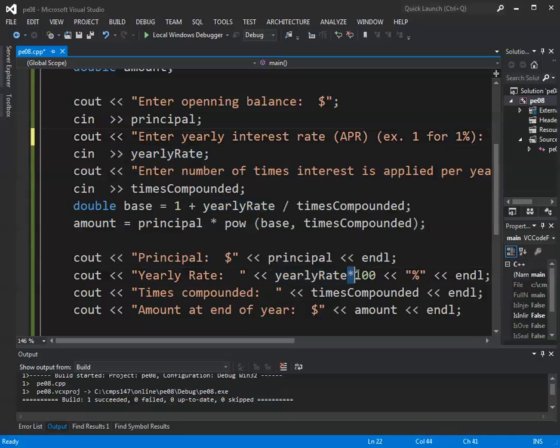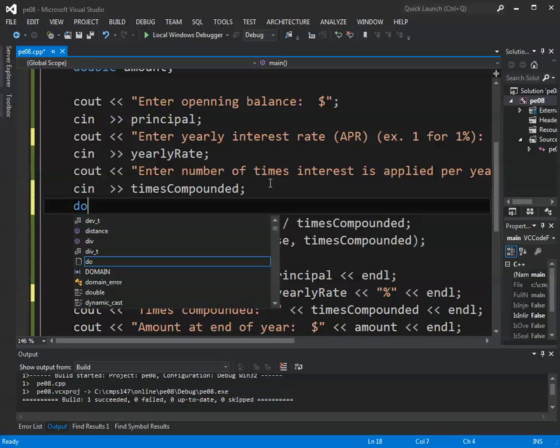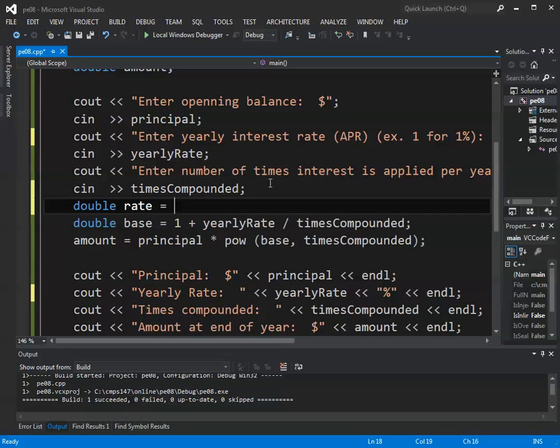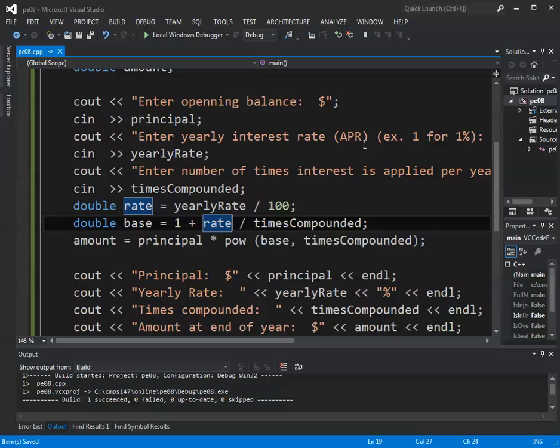And instead of doing anything with the yearly rate, when we're printing it, we would probably do something like this. Yearly rate divided by 100. So if the user types in 1, I will read that in, but I'll transform it to be a rate that I can actually use.